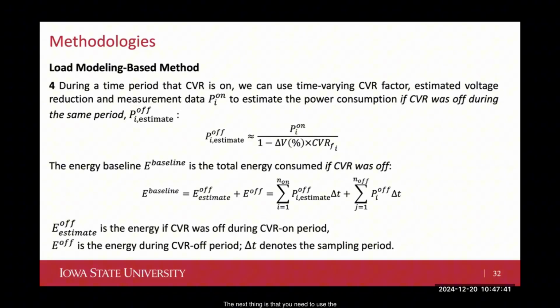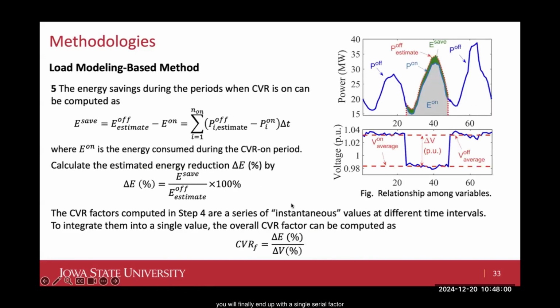The next thing is that you need to use the real-time CVR factor you have identified to reconstruct what would happen if there were no voltage reduction, and to get this P estimate. And then you do some integration, and you will finally end up with a single CVR factor, like I mentioned here.